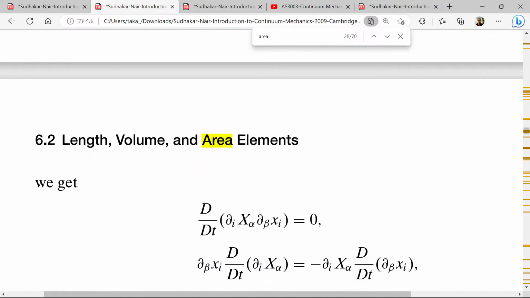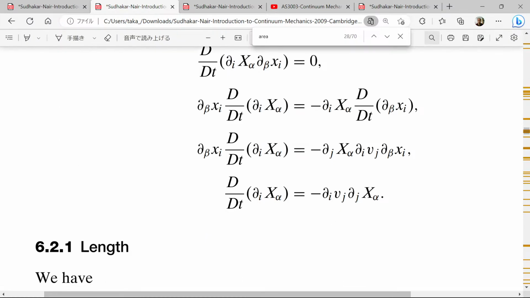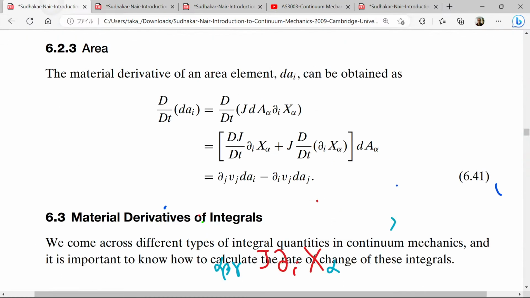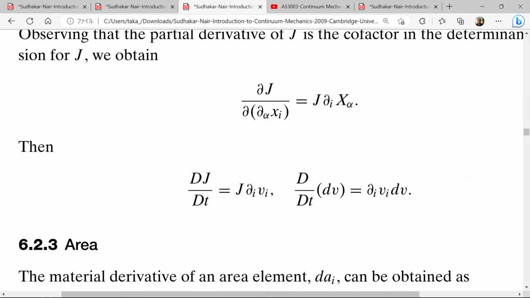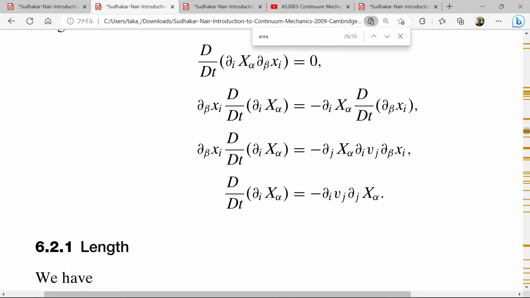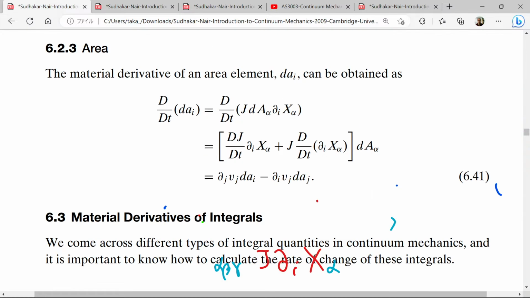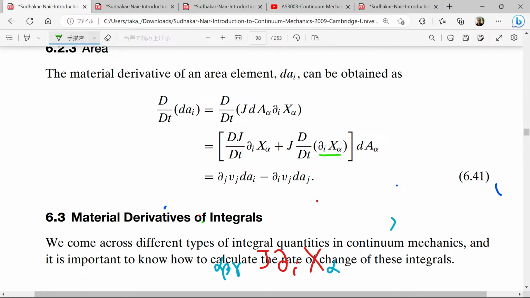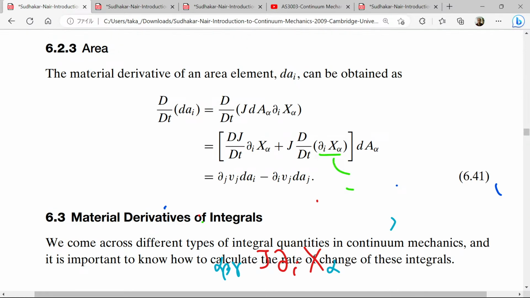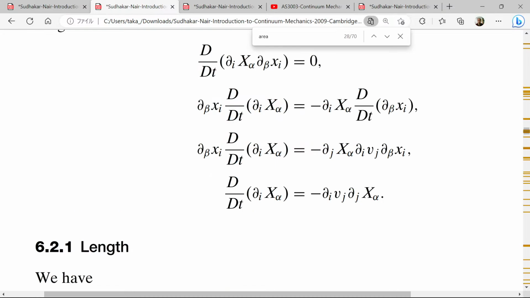This one, right? This thing, I alpha, I alpha, I alpha minus ij j alpha. This one is minus I j j alpha. Oh my god.